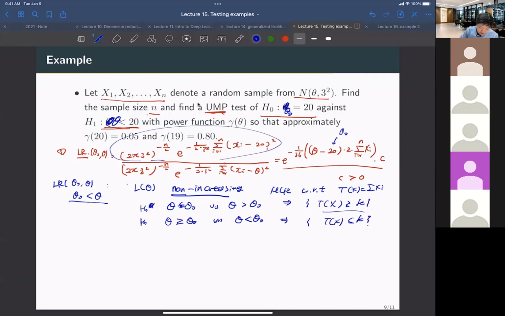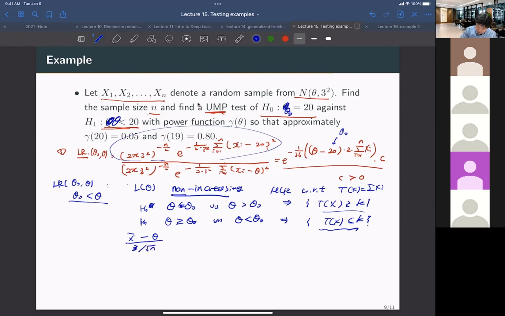Right, so the rejection region is this. If the sum of xi is less than something, the rejection region should have the form like that. Given this is a normal random variable, we know the distribution of x bar is normal with standard deviation 3 over square root of n, right?